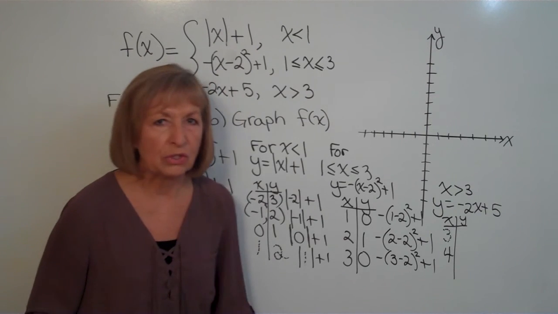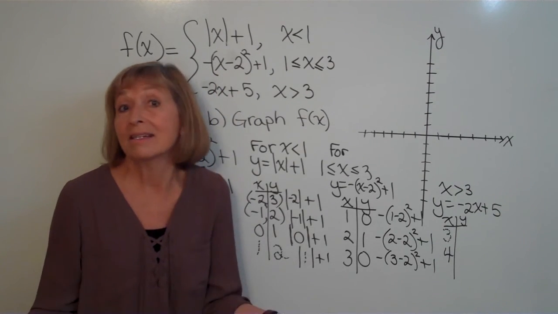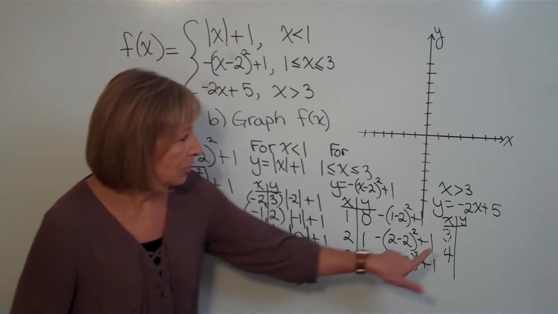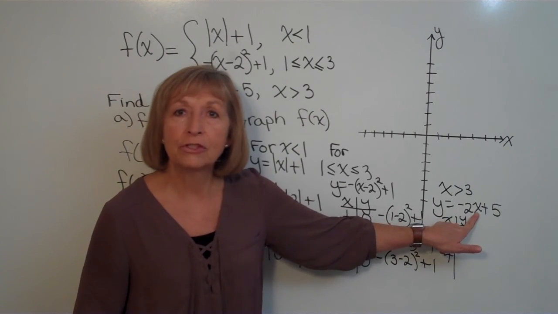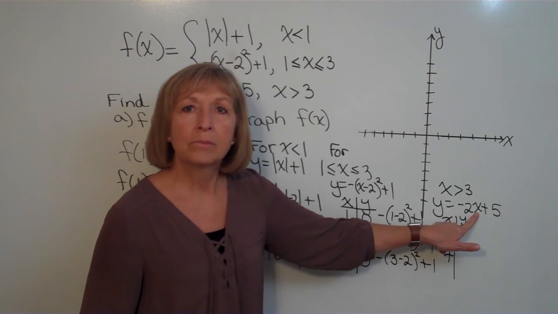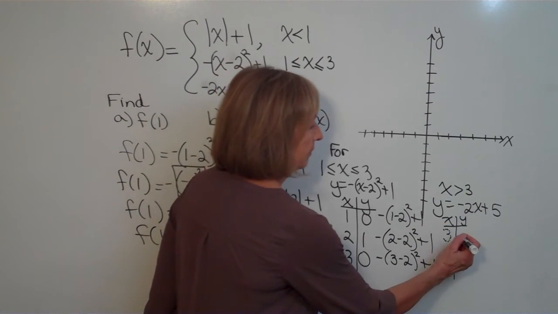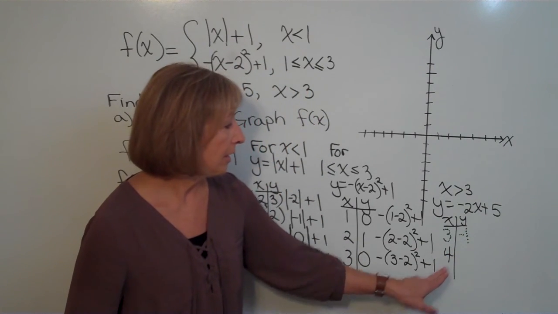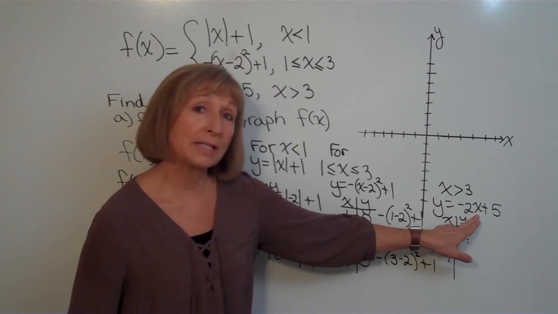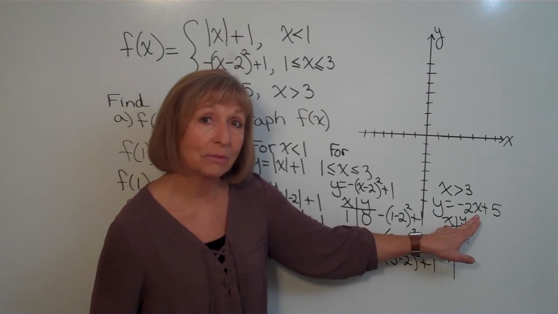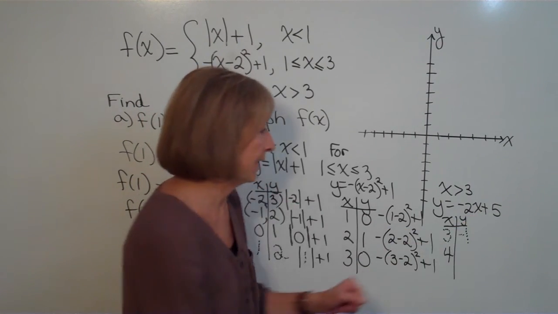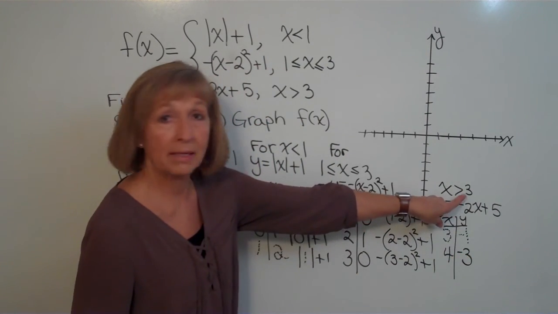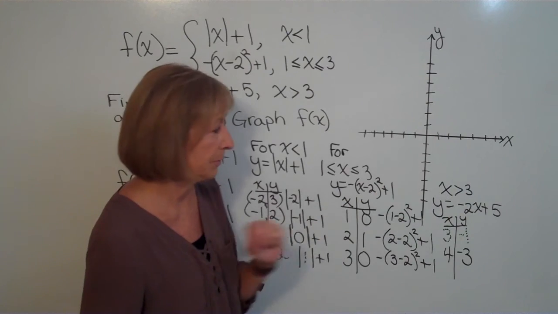But I just need to do those two values of x run through because it's a line and I only need 2 points to determine a line. So put in your 3. Negative 2 times 3 is negative 6 plus 5 is a negative 1. Put a 4 in there. Negative 2 times 4 is negative 8. Negative 8 plus 5 is negative 3. And again, I dashed those to remind myself there's an open circle because it didn't have the "or equal to."